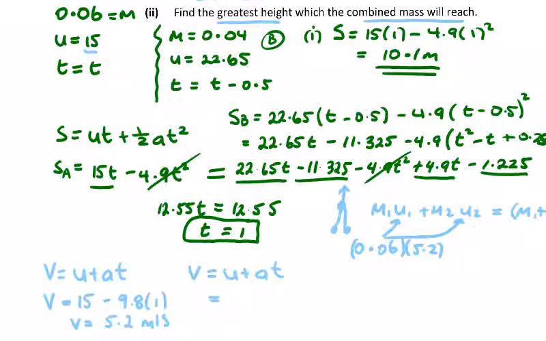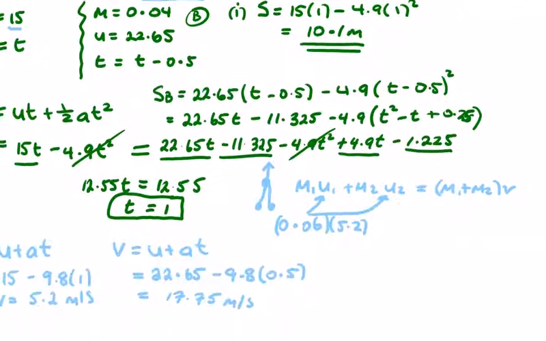Velocity for b is going to be equal to 22.65 minus 9.8 times, now it's going to be t minus a half, so 1 minus half is just 0.5. So 22.65 minus 4.9 is going to be, not 23, it's going to be 17.75. Just take away 5 and add on 0.1. So there are my new velocities.